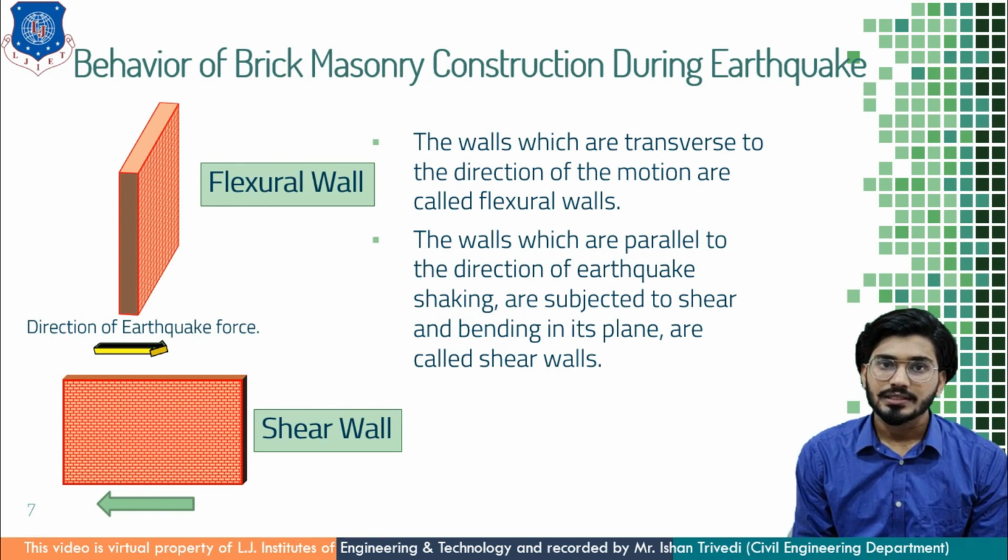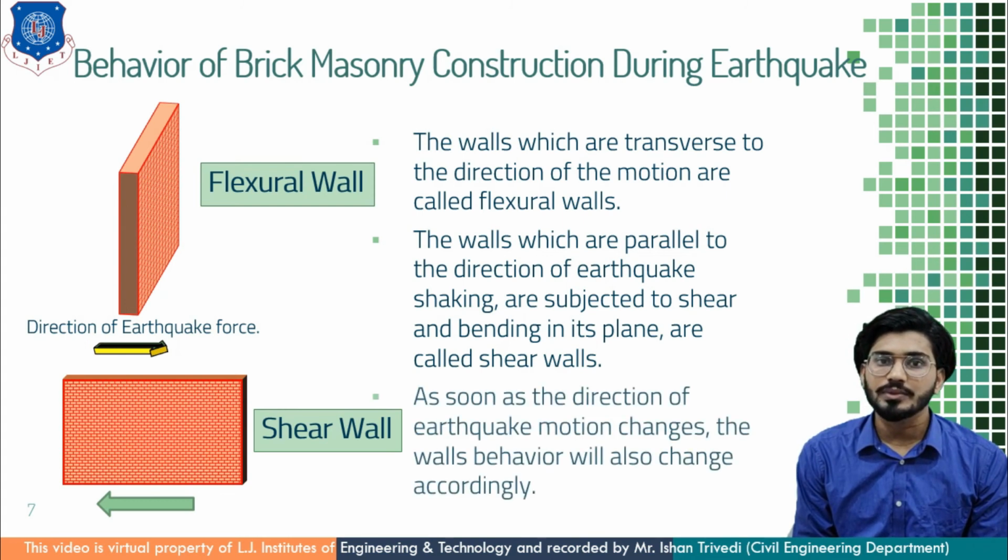So it is very essential to understand this phenomenon, like flexural wall, shear wall, what is weak wall, strong wall, what the inertia force is and its results on the wall with the position of the earthquake force. So these things have to be remembered.